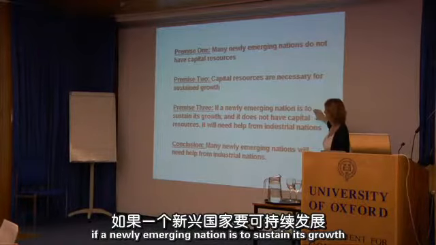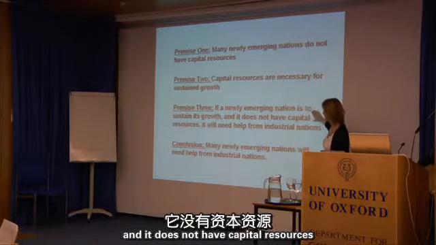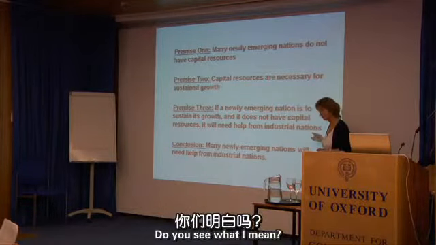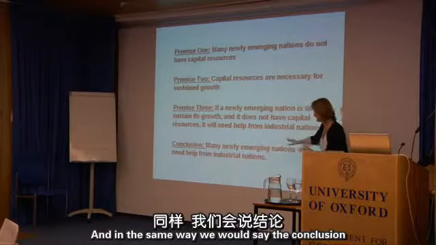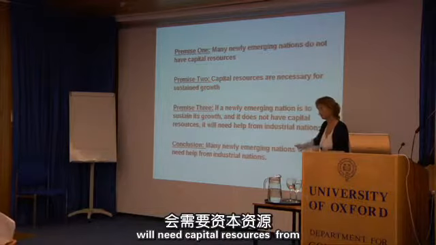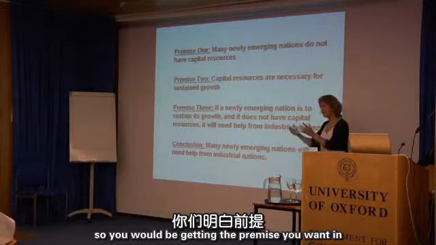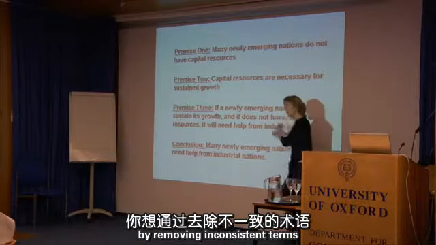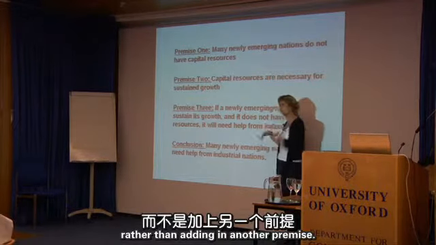If a newly emerging nation is to sustain its growth and it does not have capital resources, it will need capital resources from industrial nations. Do you see what I mean? And then in the same way, we'd say many newly emerging nations will need capital resources to sustain growth. So that we would be getting the premise that you want in by removing inconsistent terms rather than by adding another premise.